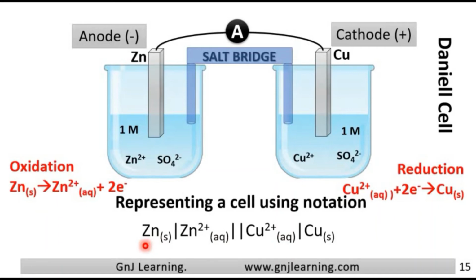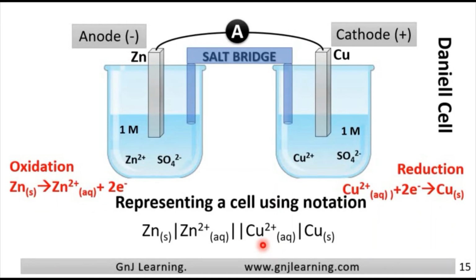So again, anode on the left, cathode on the right. While writing the anode, reactant first, that is its reduced part, then the oxidized part, separated by a vertical line, then the double vertical line that represents the salt bridge, then the cathode, again according to the reaction.